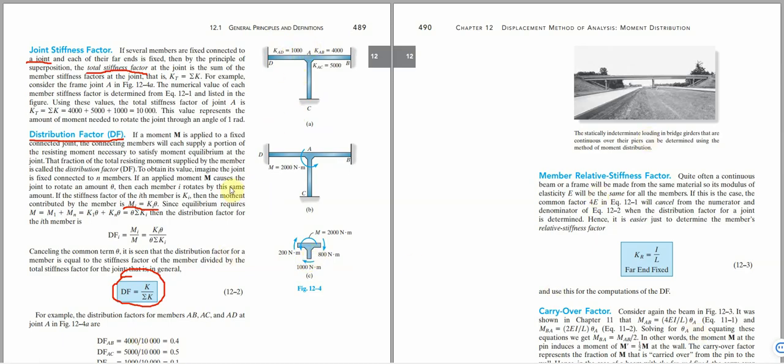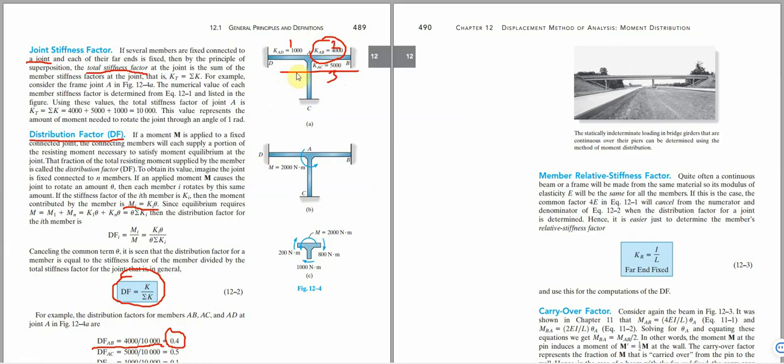We want to calculate the stiffness factor of AB. We say K_AB is 4,000. Now, what's the distribution factor for K_AB? It will be this one all over the total summation of this one plus this 2 plus this 3, which is 10,000. So at the end of the day, we have 0.4.